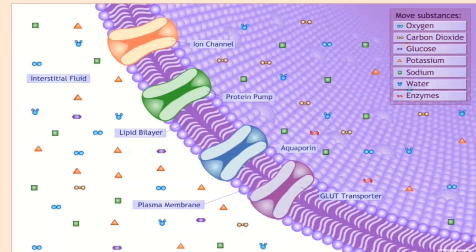Now, aside from oxygen and carbon dioxide, our cells also need glucose, and in order for the glucose to enter our cells, that is actually through our glute transporter. No, it's because our cells need glucose, no, for it to survive, since glucose serves as their food also. Then, aside from glucose, we have potassium.